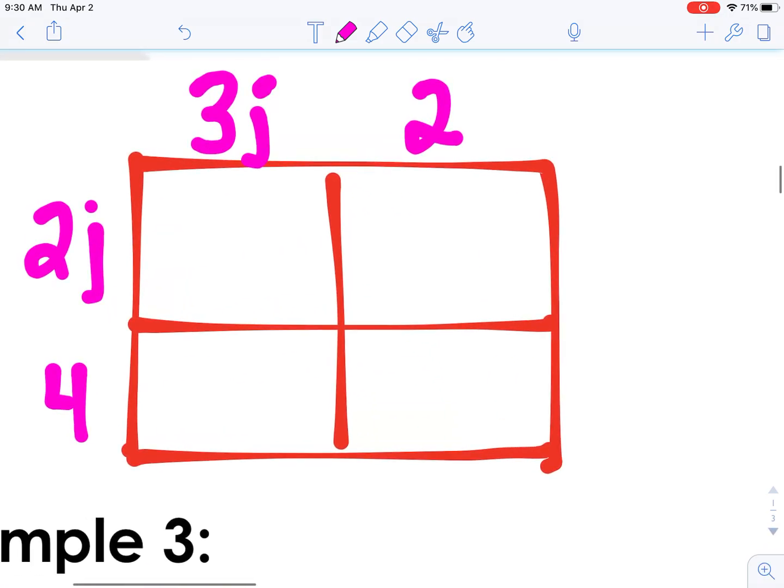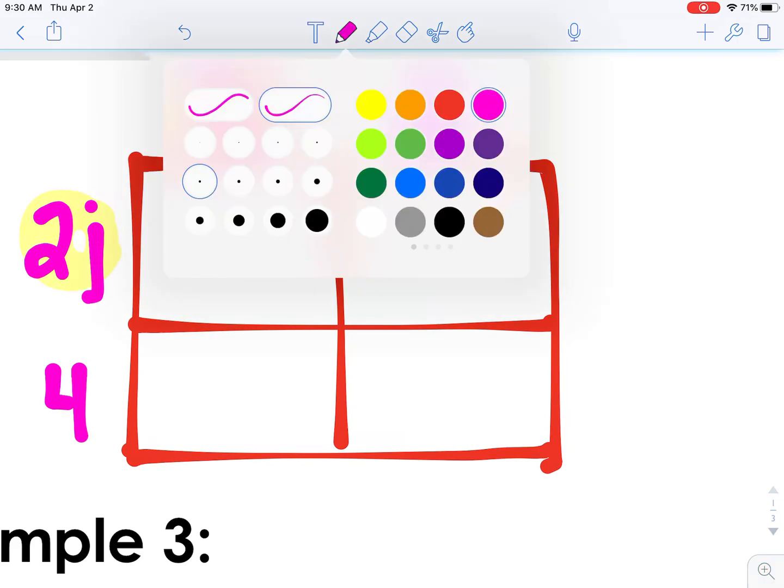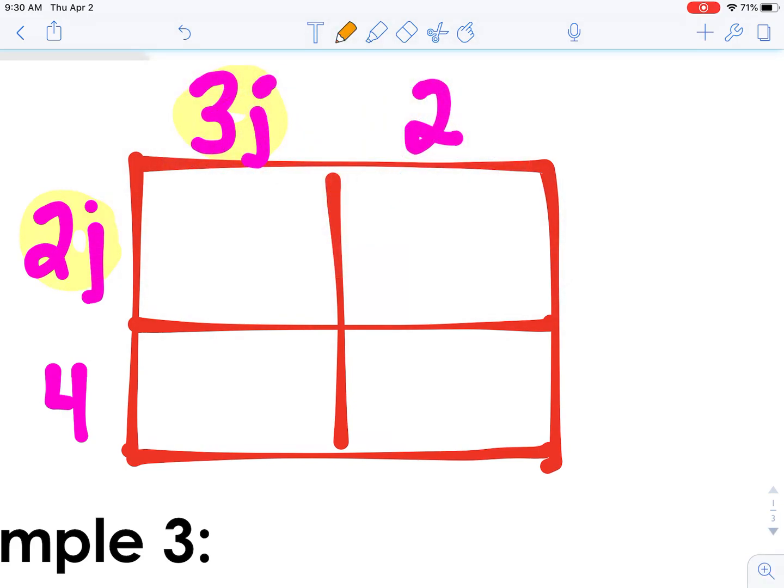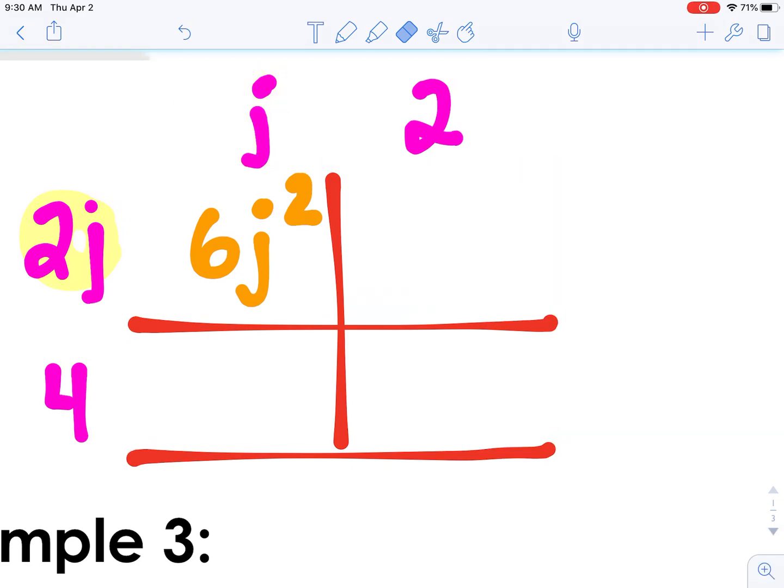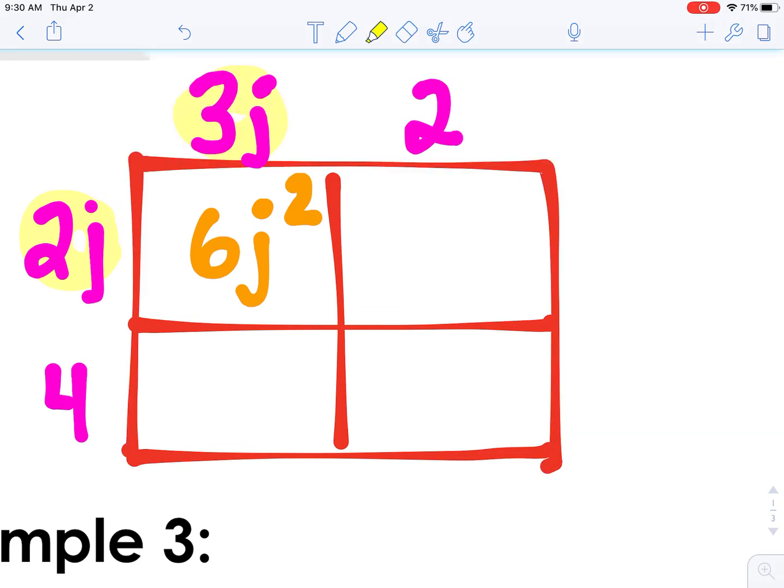And then we're going to multiply. First, 3j times 2j. 3 times 2 is 6, and j times j, remember, add the exponents to get j squared. Next, multiply 2 times the 2j, which is 4j.